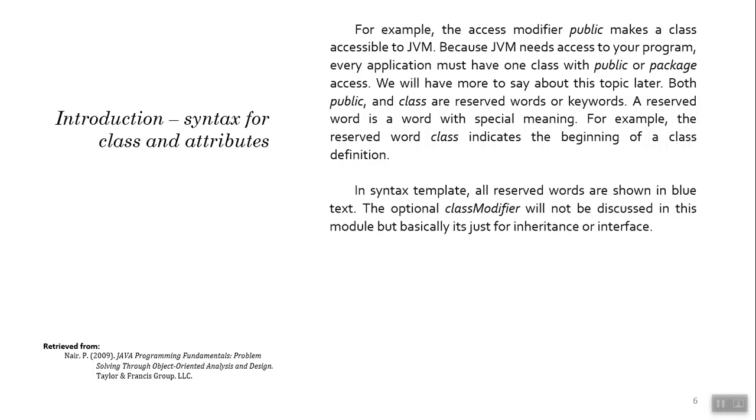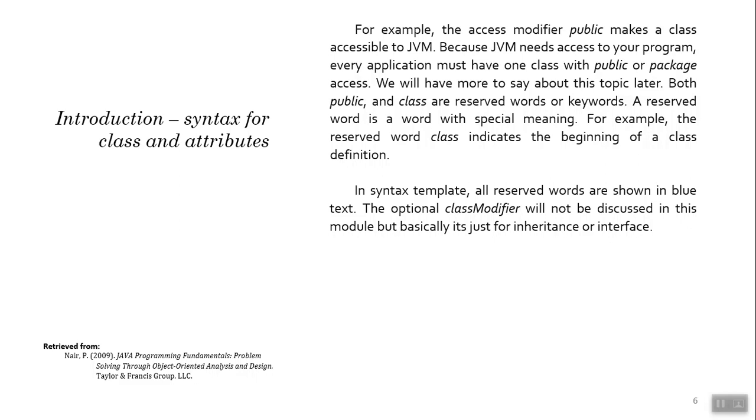In a syntax template, all reserved words are shown in blue text. So by default, those reserved words are shown in blue text. But there are some programmers or some IDEs or text editors that don't use color coding, so it may appear in a different color, let's say green or orange or violet.